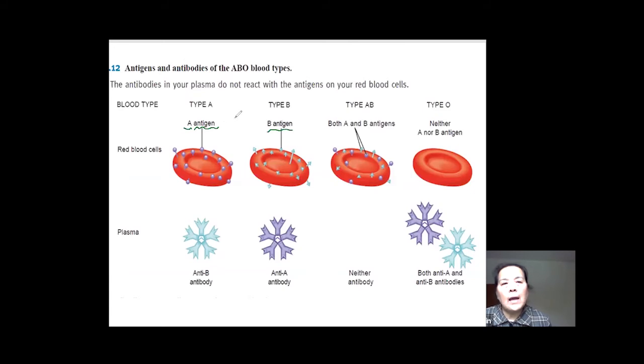If a patient has type A antigen, we name their blood type A. If a patient has type B antigen, we name their blood cells type B, or just blood type B. What are we talking about? We're talking about what kind of antigen is on the red blood cell.